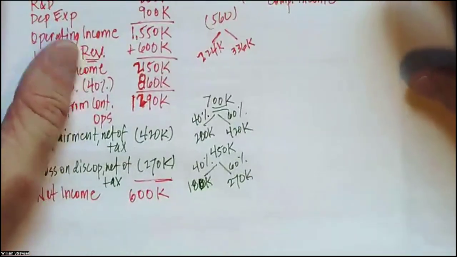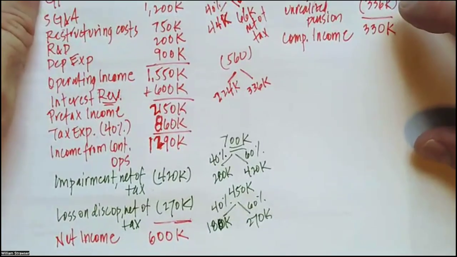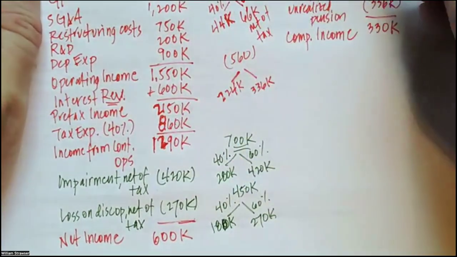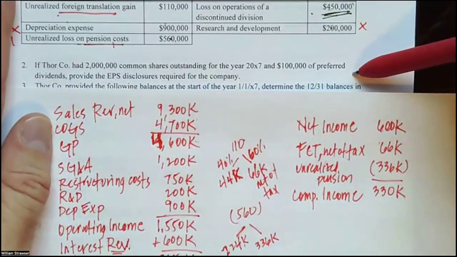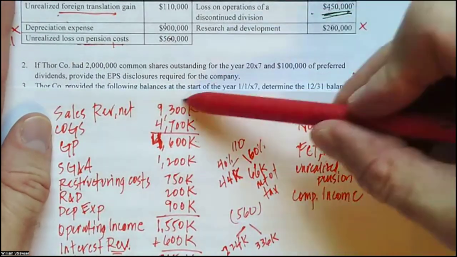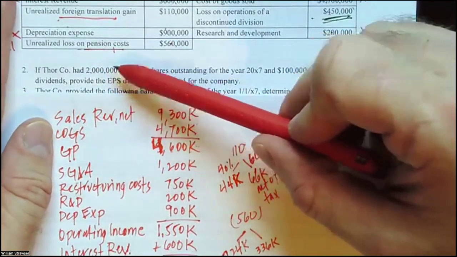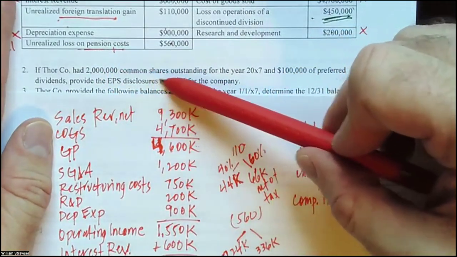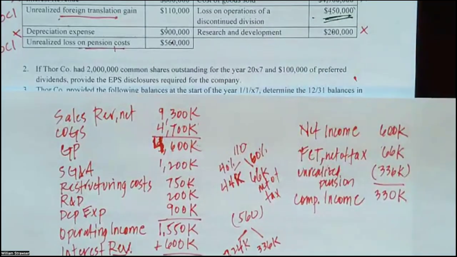So moving to the next piece, looking at the EPS. It says that the company had 2 million common shares outstanding for the year 20X7 and $100,000 of preferred dividends.